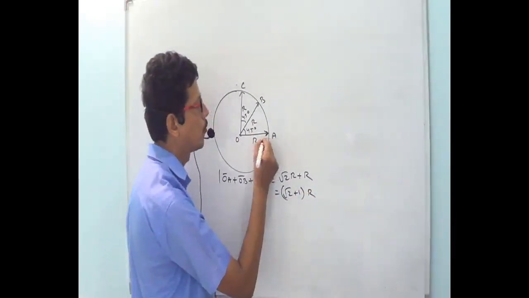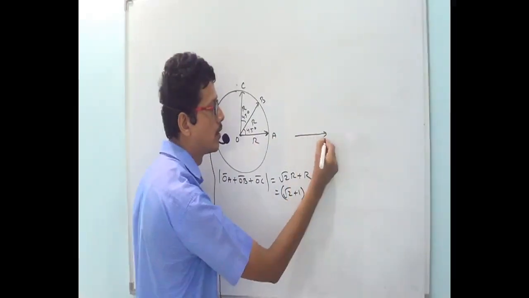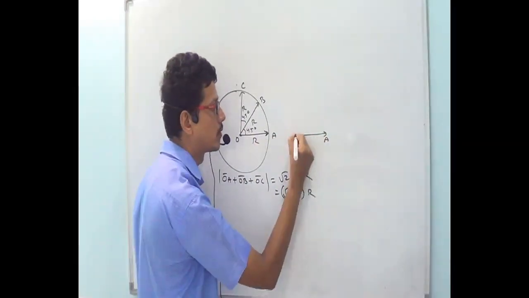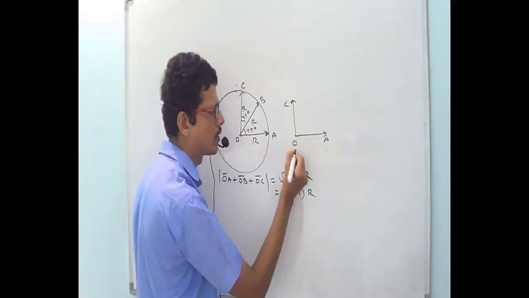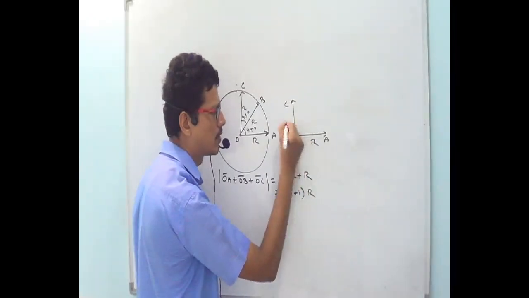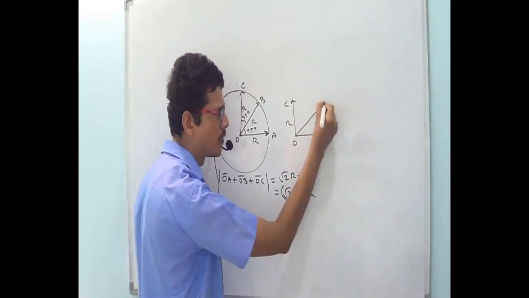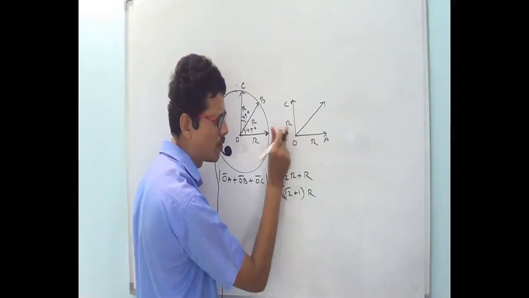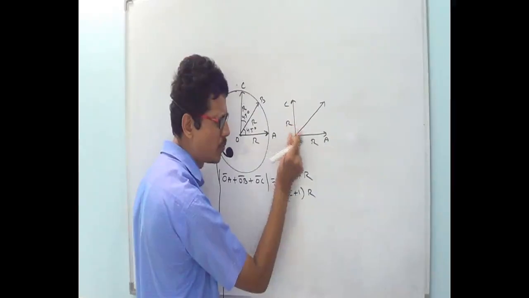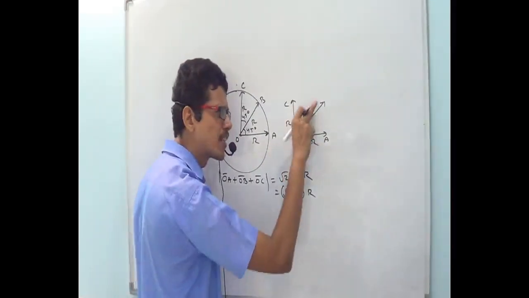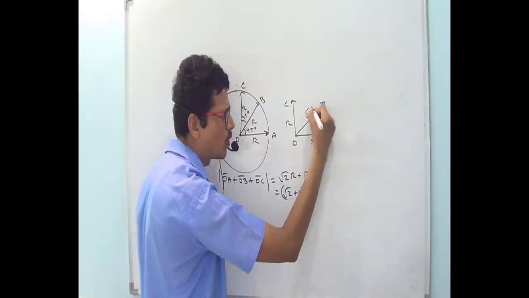Because first you take OA bar and OC bar. These two vectors you take. This is R and this is R. These two are perpendicular. Resultant will be exactly in between them. These two are equal, that is, magnitude is same, na? Resultant will be exactly at the center. What is the resultant of this? Root 2R, na?